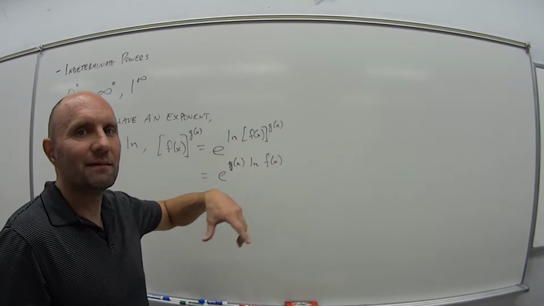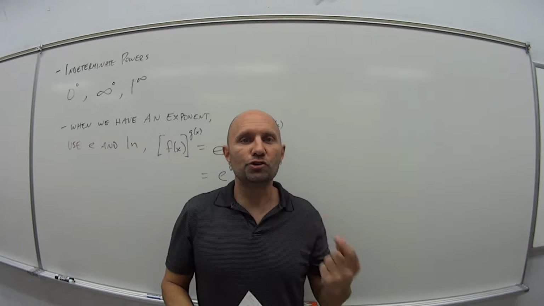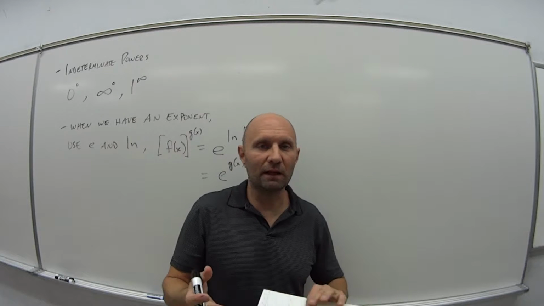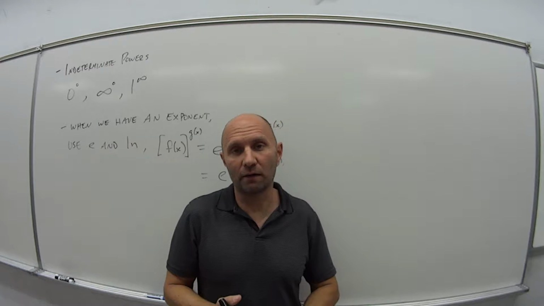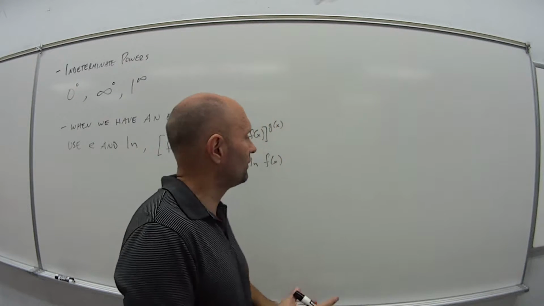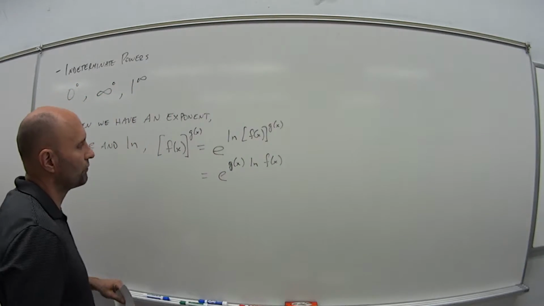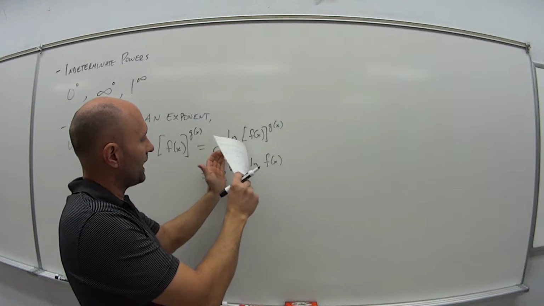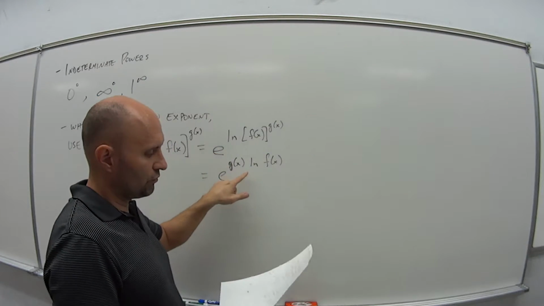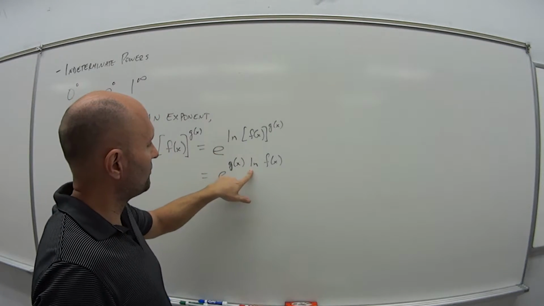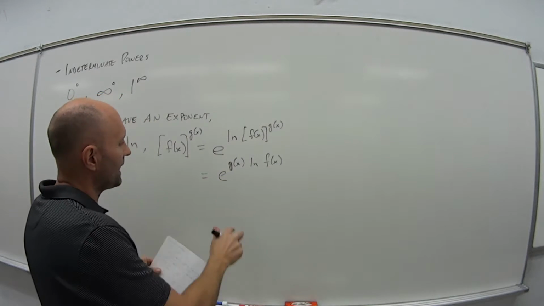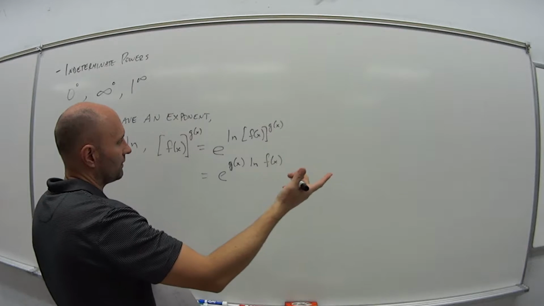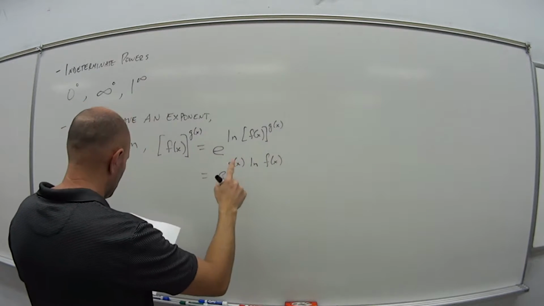And then this piece, the exponent piece, should be something that we can apply L'Hopital's rule to, or we might have to manipulate it, as an indeterminate product or indeterminate difference. It's a product of two functions here. Then we'll use L'Hopital's to find what this piece is trending to. But we have to be careful, because e is approaching e to this power as our limit approaches some value.